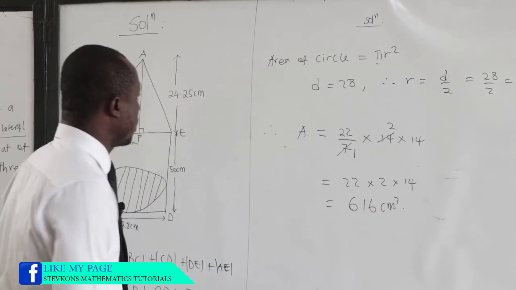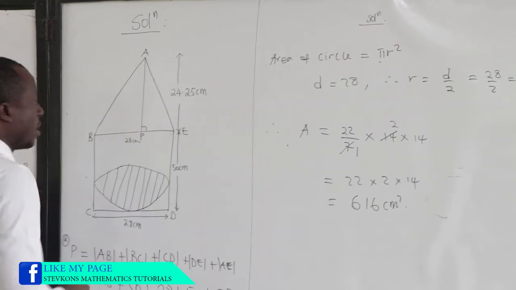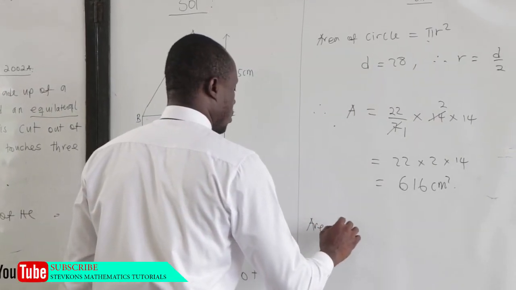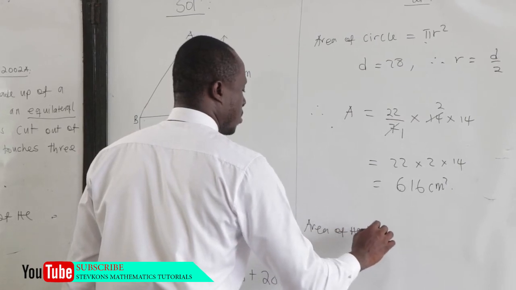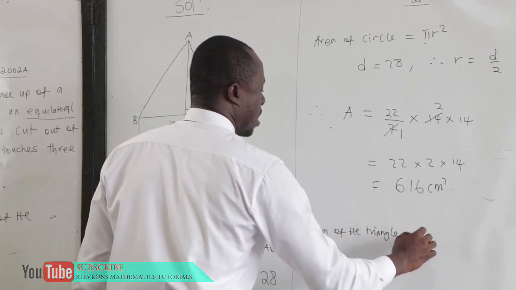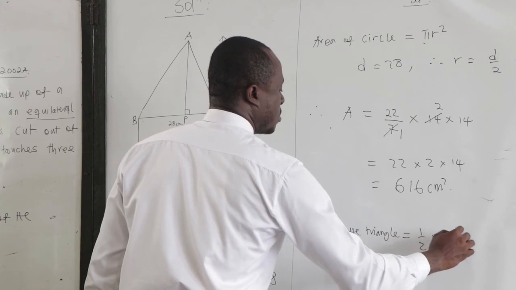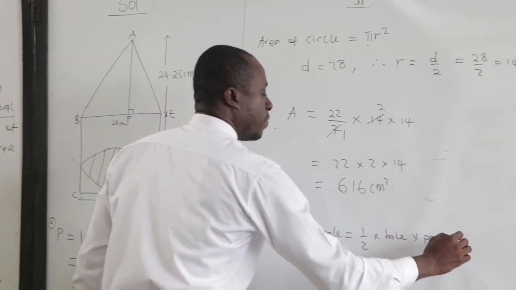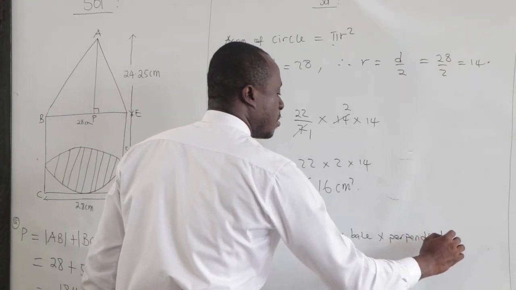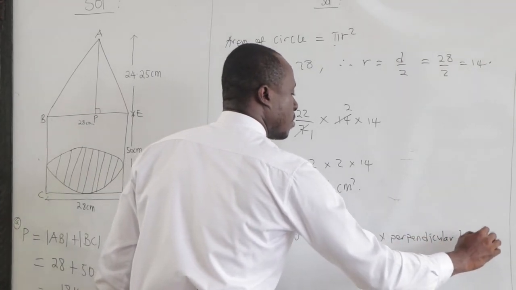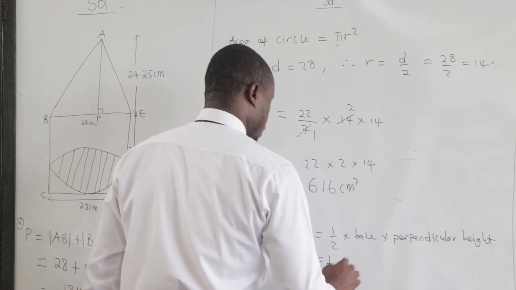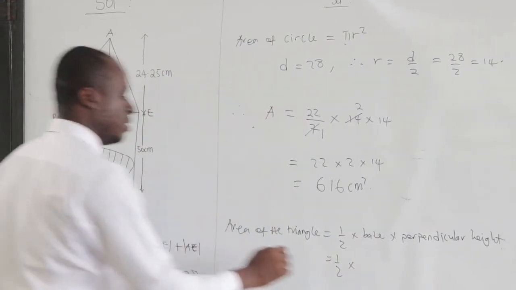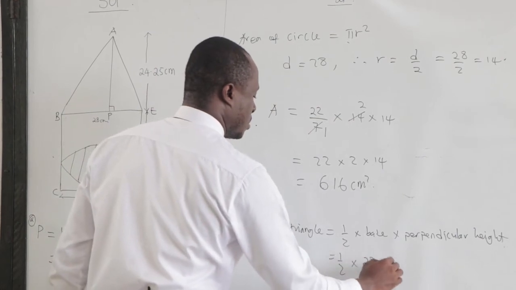Now, let's see the area. We have to find the area of the triangle. We know it's half times the base times the perpendicular height. The base is the same as BE, which is 28 centimeters.